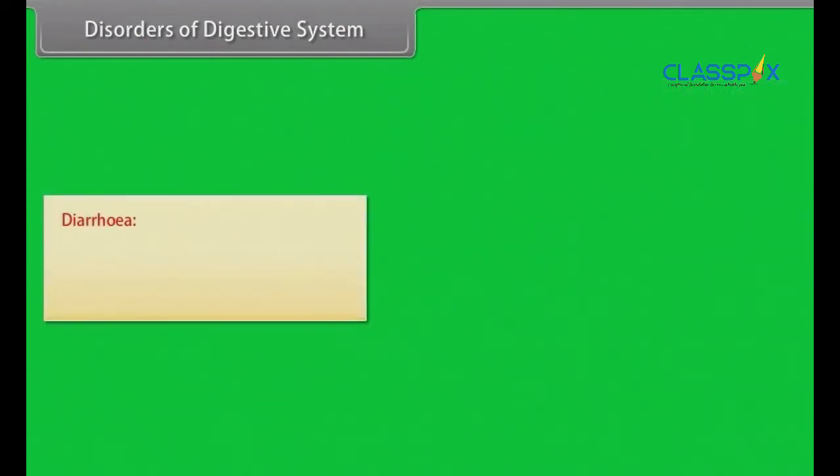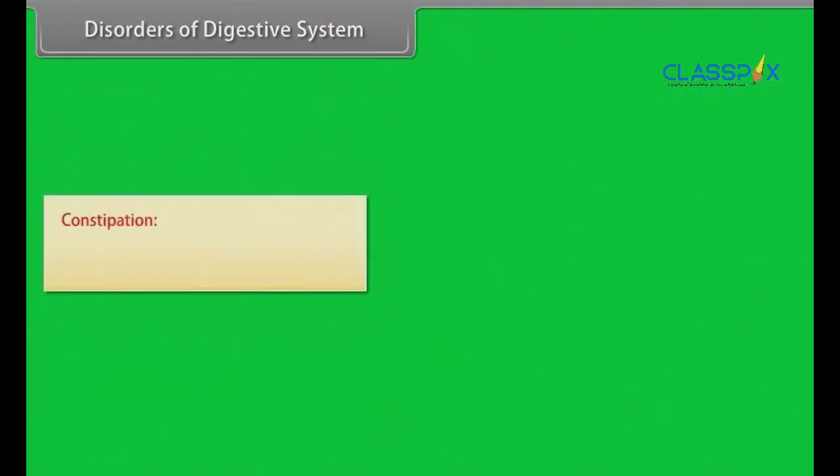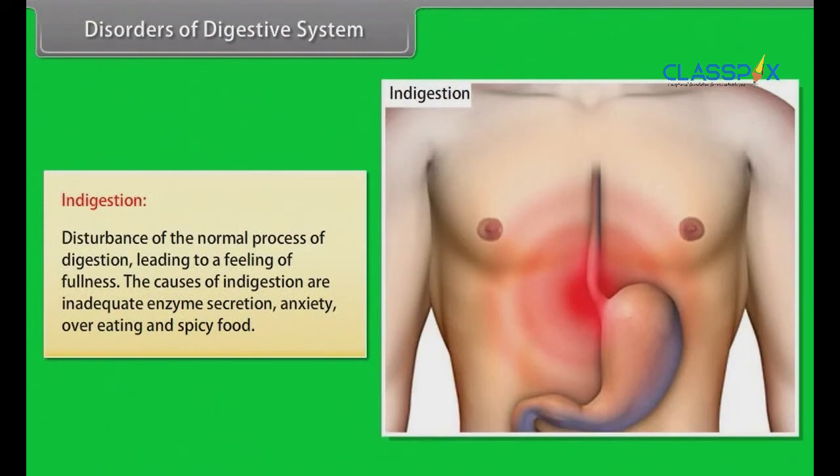Diarrhea, the abnormal frequency and liquidity of fecal discharges. Constipation, difficult evacuation of fecal matter. Indigestion, disturbance of the normal process of digestion leading to a feeling of fullness. The causes of indigestion are inadequate enzyme secretion, anxiety, overeating, and spicy food.